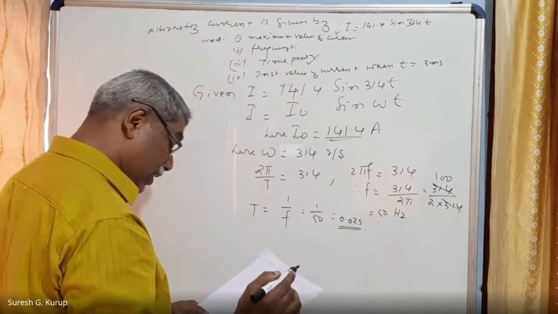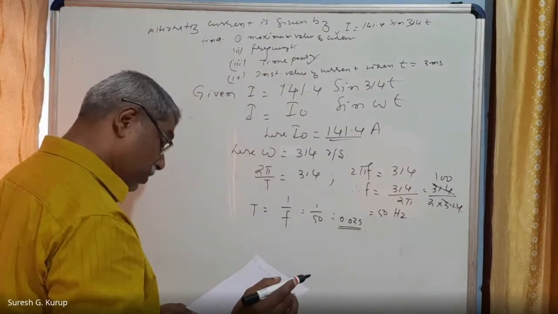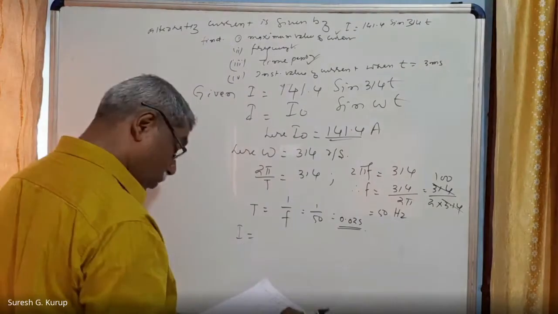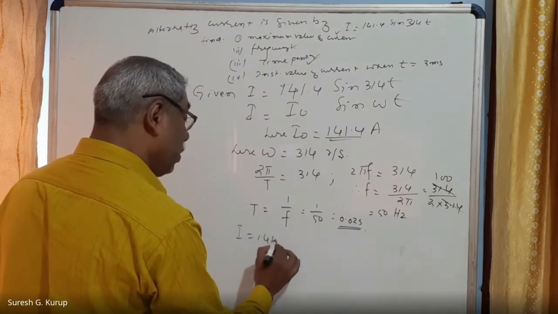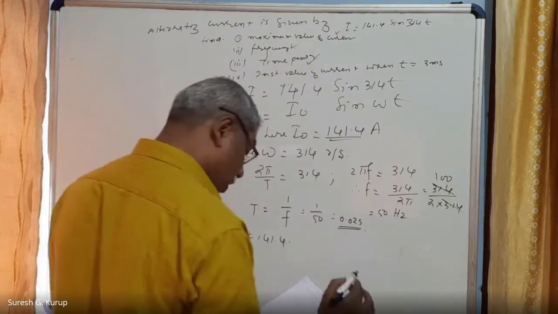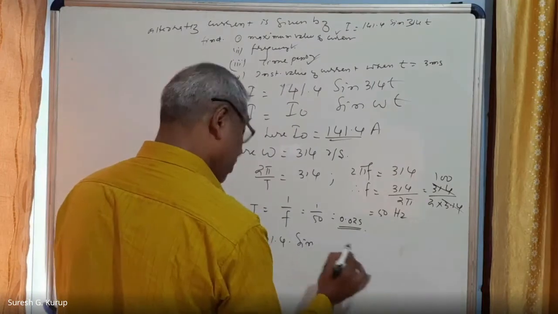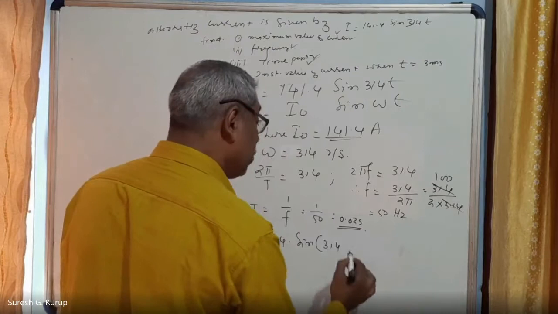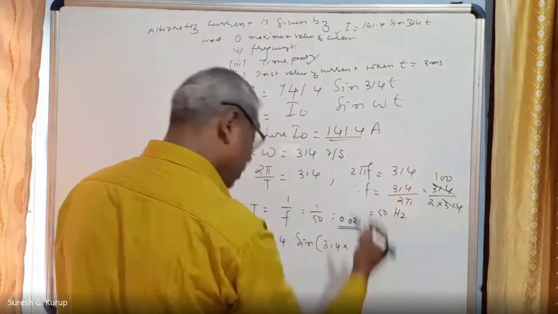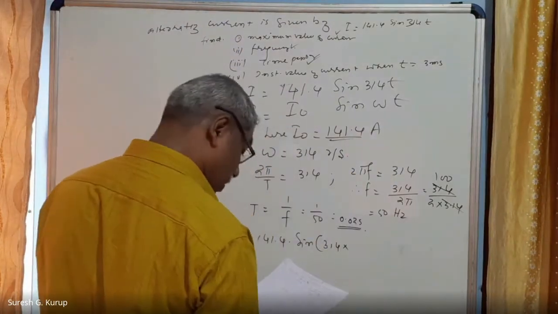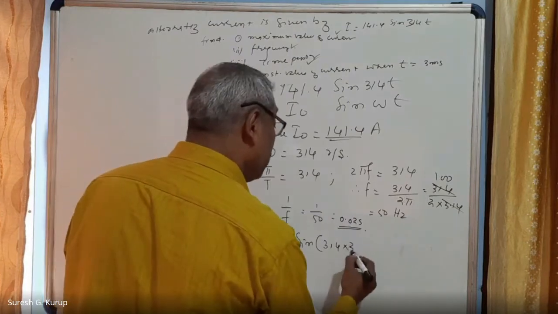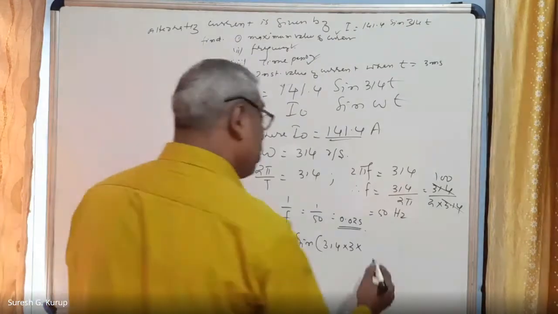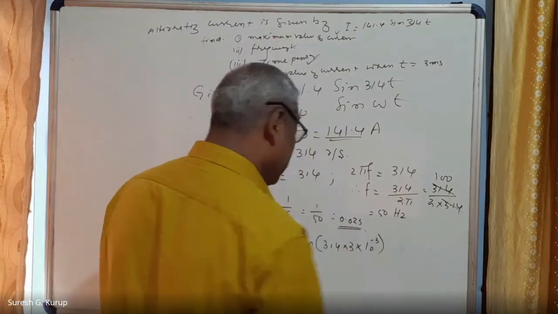Now the instantaneous current: I is equal to I0 sine, that is 141.4 into sine of 314 into t, where t is 3 milliseconds, that is 3 into 10 raised to minus 3. This is the current, right?